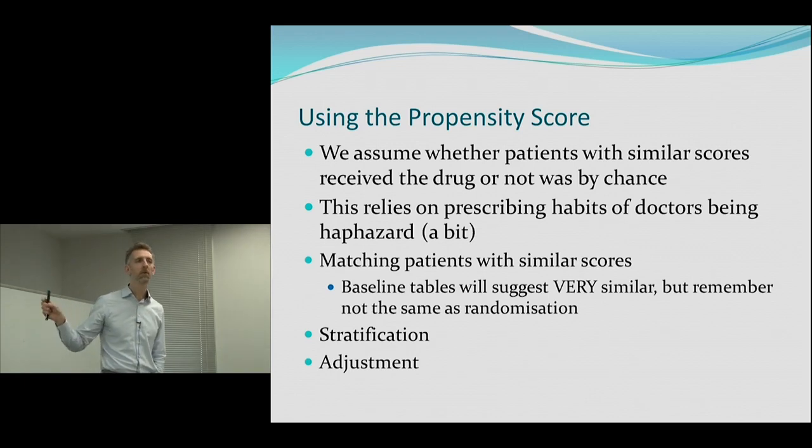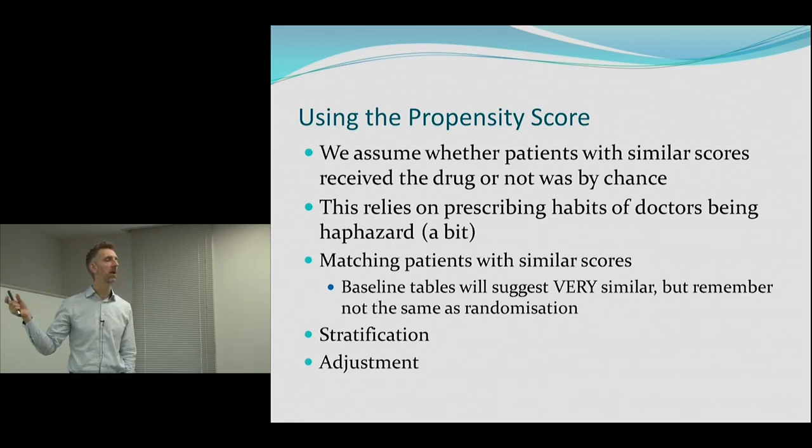What's really important to remember is that if I match and my baseline table 1 shows them being very similar to each other, it's not the same as randomization. Patients could still be very different from each other on factors that we didn't include in the propensity score and that we don't know about. Okay?